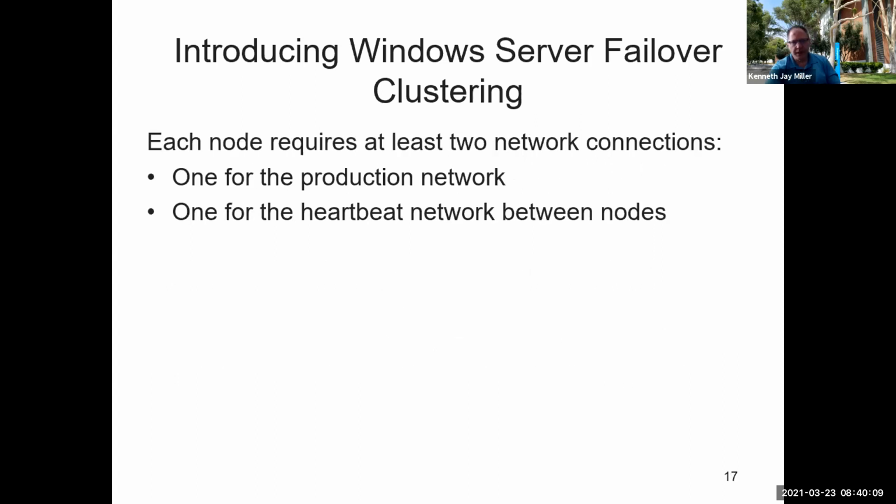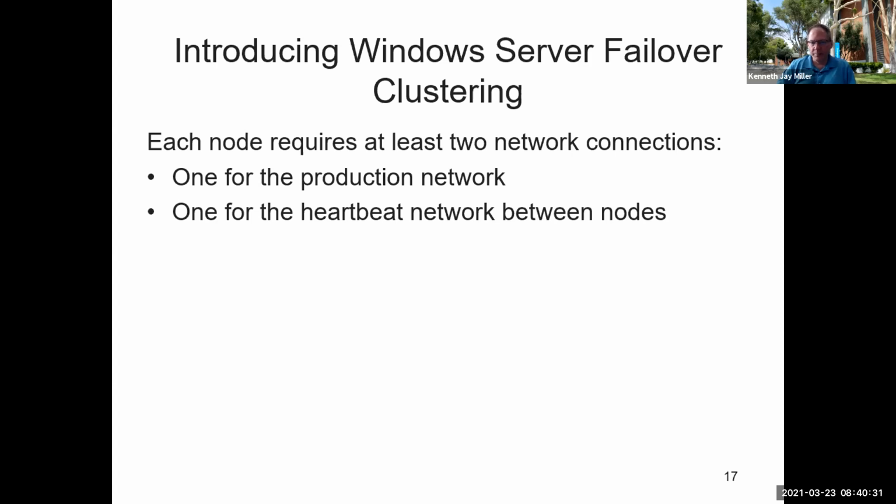All right. Now, each node or each machine that's part of the failover clustering has to have a minimum of 2 network connections, and typically it'll have 3 network connections. One will be for the production network, that's our client side.